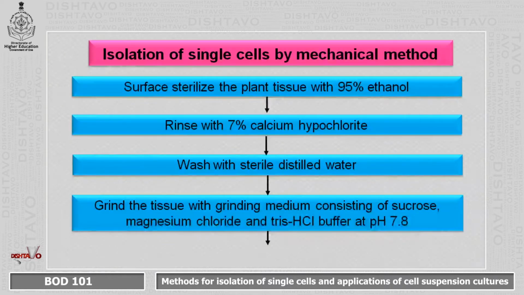Surface sterilize the plant tissue with 95% ethanol, then rinse with 7% calcium hypochlorite, followed by washing with sterile distilled water. Grind the tissue with grinding medium consisting of sucrose, magnesium chloride and Tris HCl buffer at pH 7.8.